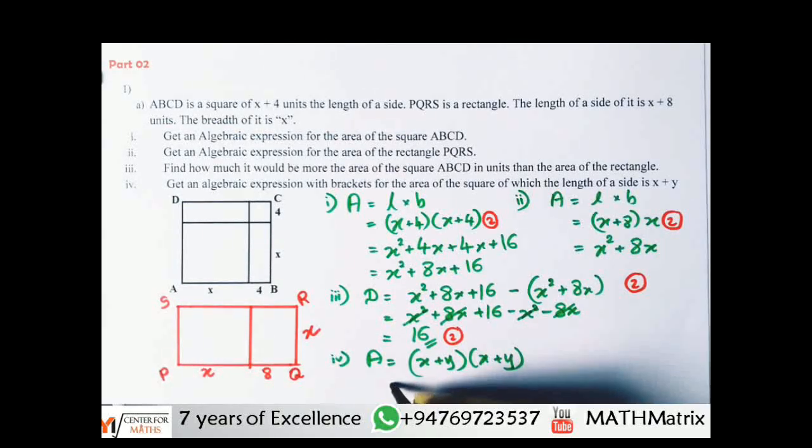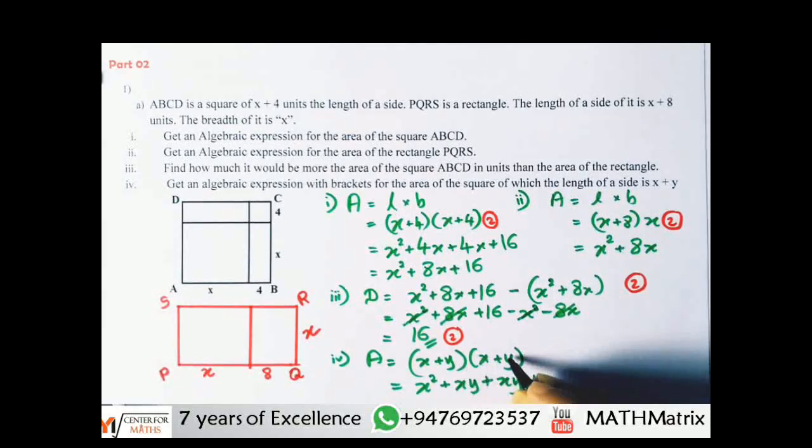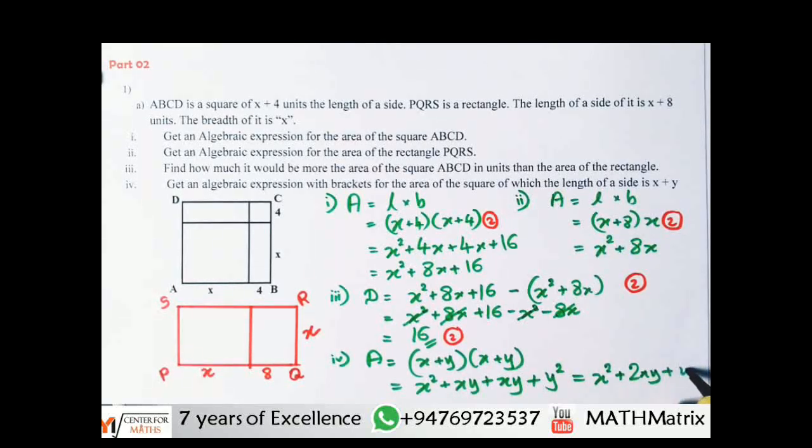Now we can simplify this easily. x into x, x squared, plus x into y, xy, plus y into x, xy again, plus y into y, y squared. So here you can see these two terms are similar, so we can add them. x squared plus xy plus xy, it's 2xy, and the last one is plus y squared. That's it, and again 2 marks for that.